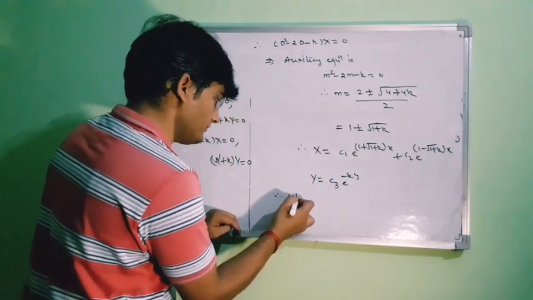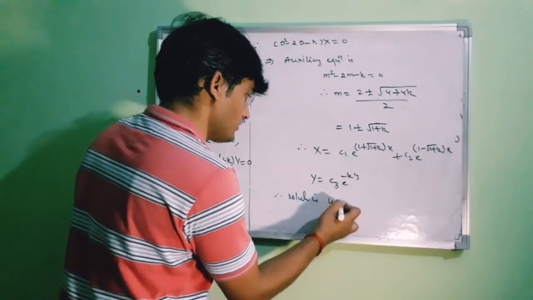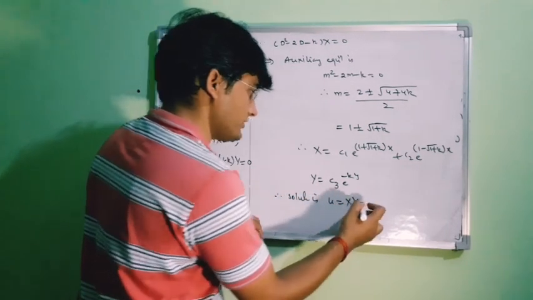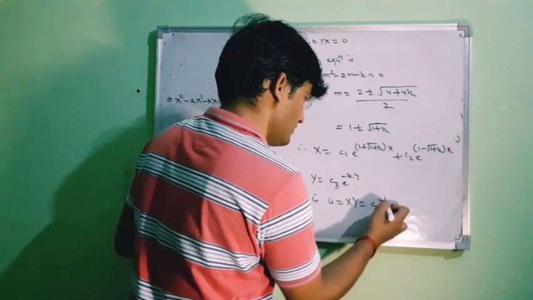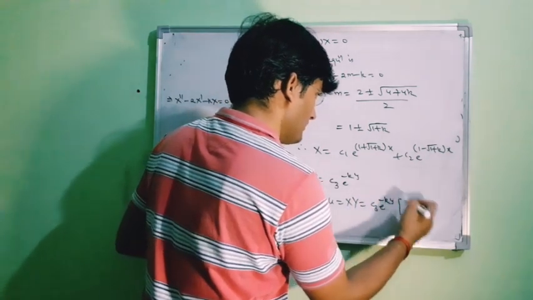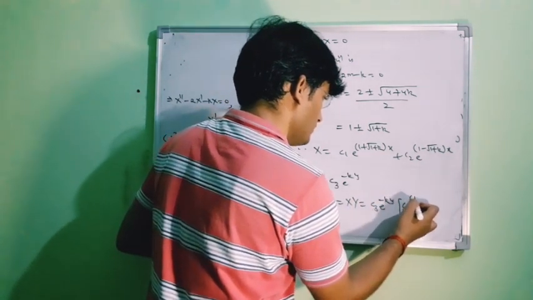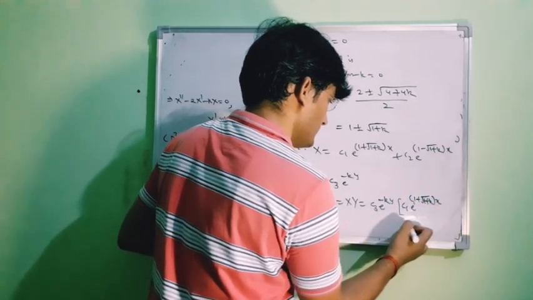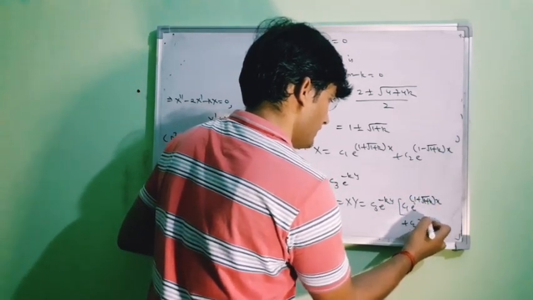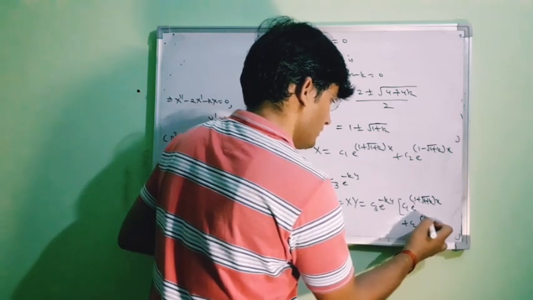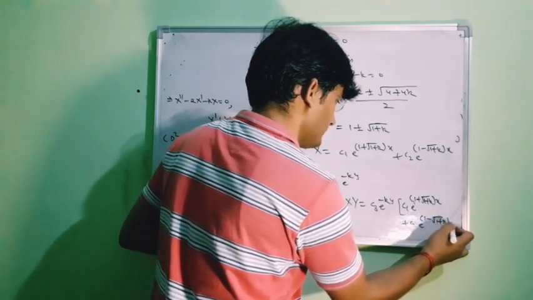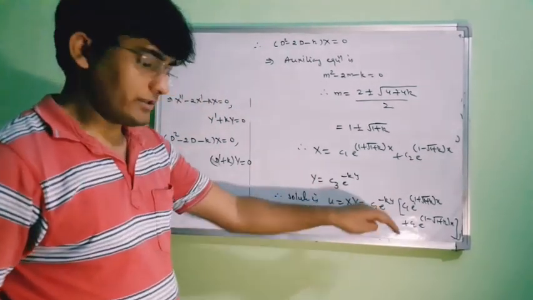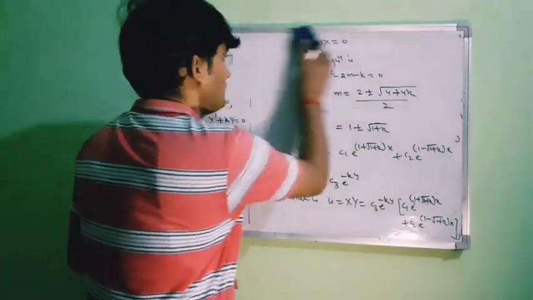Therefore the solution is u equal to X into Y. So we can write it as Y multiplied by this X, c1 e to power (1 plus under root 1 plus k) x plus c2 e to power (1 minus under root 1 plus k) x. Now we can multiply this c1 and c3.